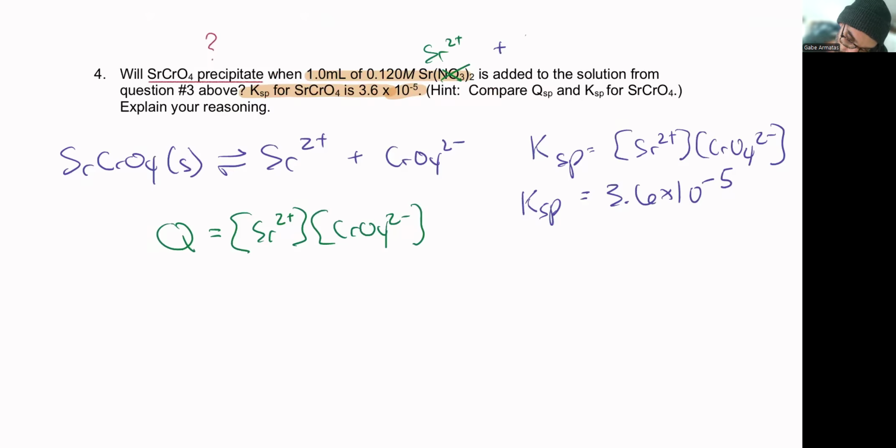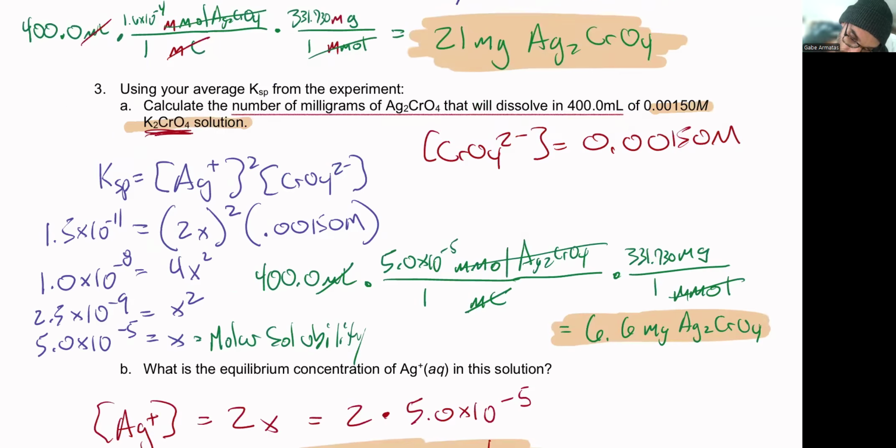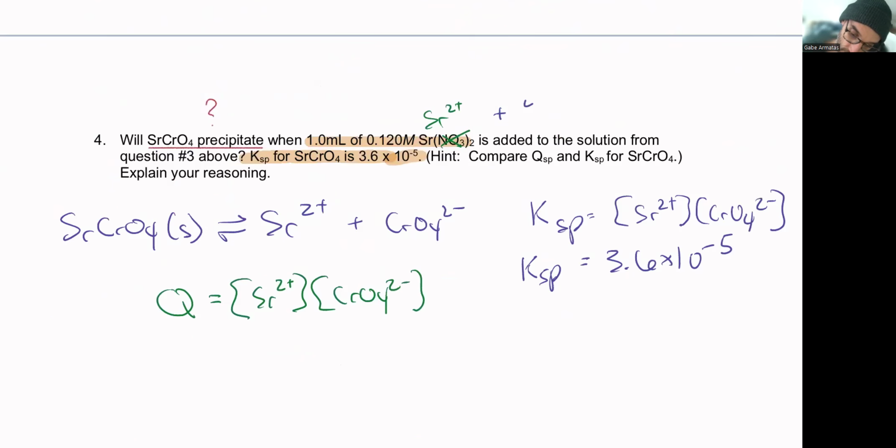The solution that we created up here was 400 mL of silver chromate with this concentration. So 400 mL of 0.00150 molar chromate, right? So we have to recognize that we're mixing two solutions together.